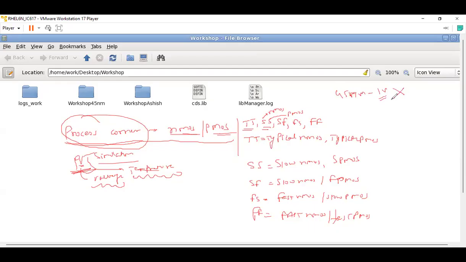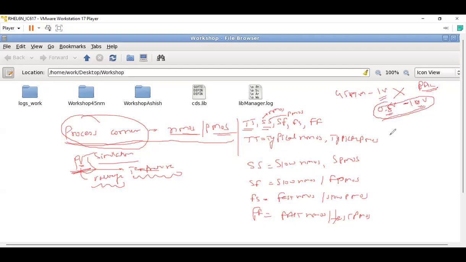Your results are supposed to be found from 0.5 volt to 1 volt, on every voltage. This is because 0.5 volt is the minimum voltage on which you are working, and 1 volt is the maximum voltage defined in your PDK, process design kit. So from 0.5 volt to 1 volt, you have to work on every voltage.